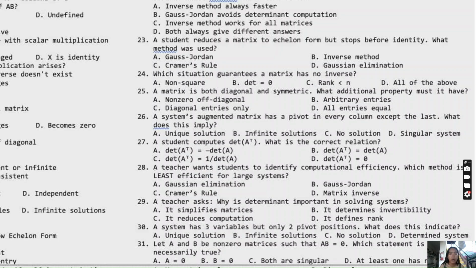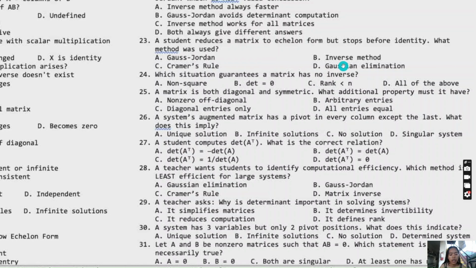If both A and B were invertible, then from AB equals 0 we could multiply both sides by inverses and conclude that one of them must be 0. But the problem says both matrices are non-zero, so it is not possible for both to be invertible. Therefore, at least one of them must be non-invertible. That's why the correct answer is letter D.